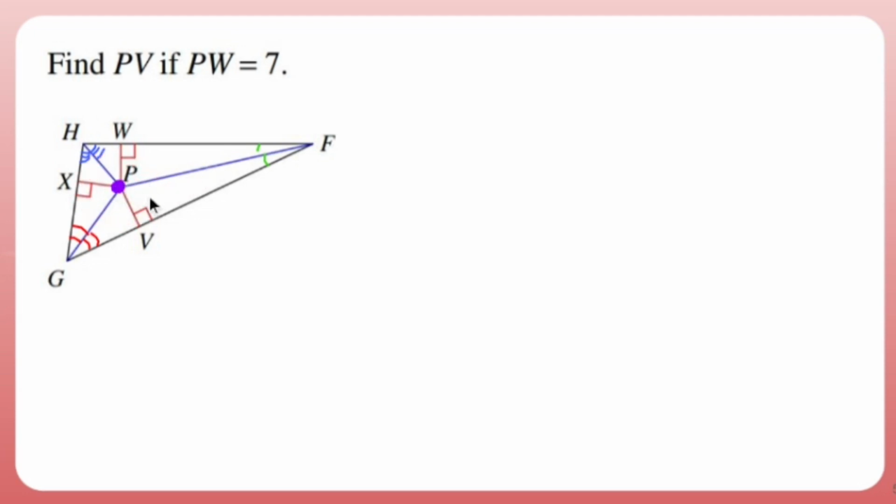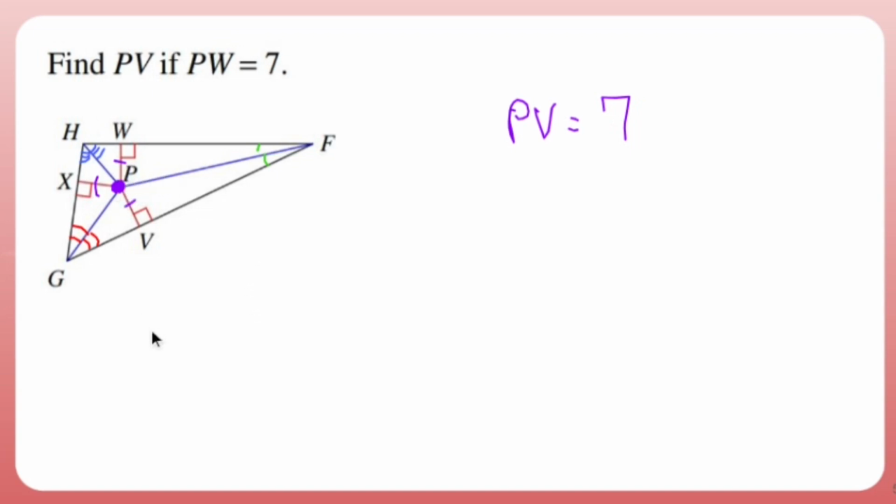The distance from the incenter to each side, as long as the sides are perpendicular to that distance, that's how the definition works anyway. It's got to be perpendicular from a point to a side. All of these are going to be congruent to each other. So PW is 7, which means PV is also 7, which means PX is also 7.